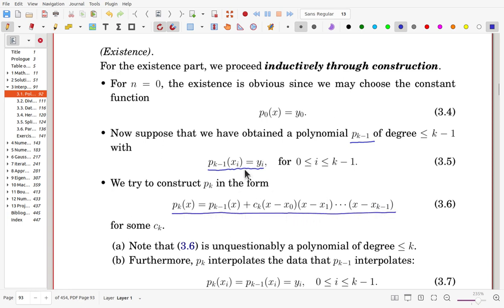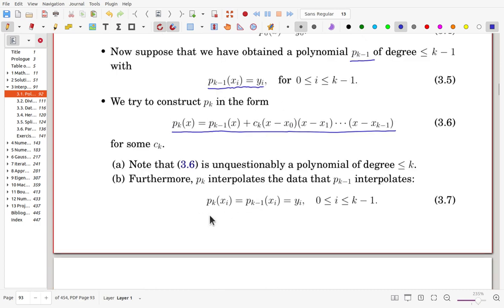using the assumption here, now we can figure out. Okay, and first of all, the pk, because this is now a kth order term, pk is now the polynomial of degree k.